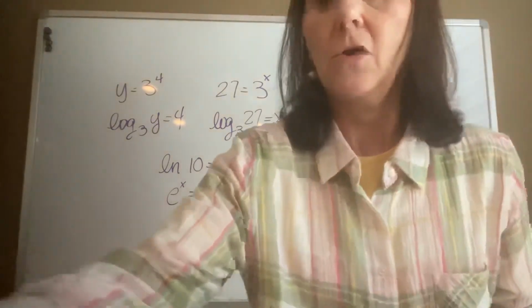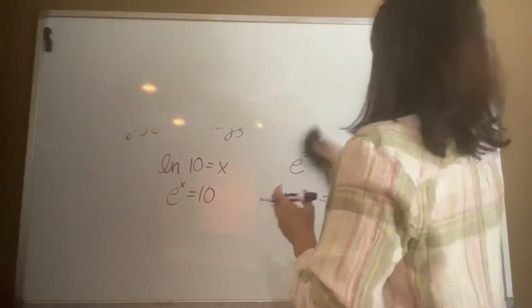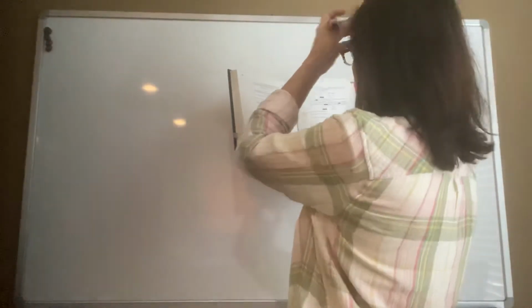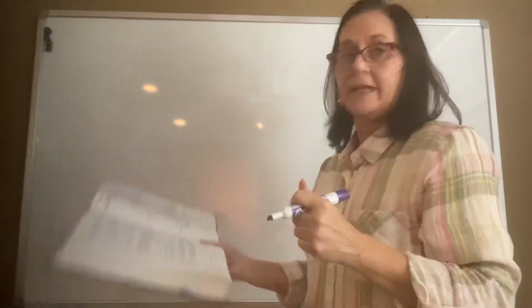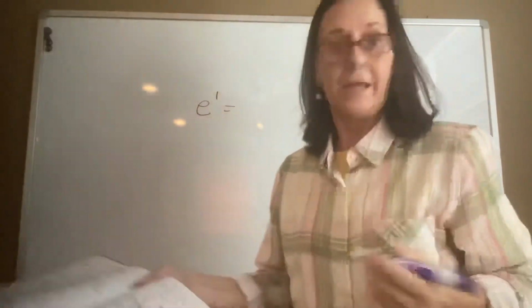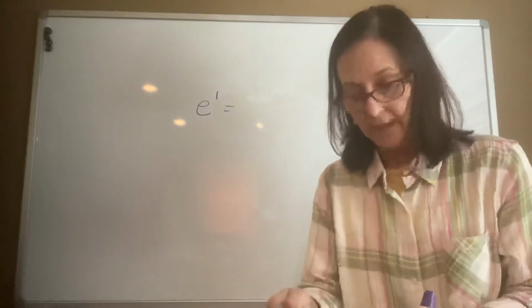Now let's work through the practice problems in your textbook. On page 457, 103.1, it says, use your calculator to get a value for e. Well, a value for e is just e to the first power, because if you wanted a value for pi, you'd raise pi to the first power.